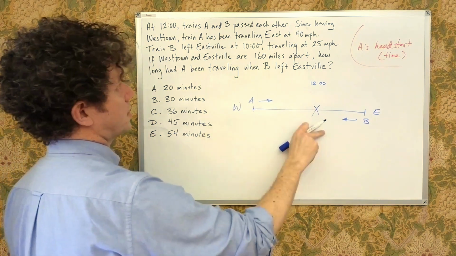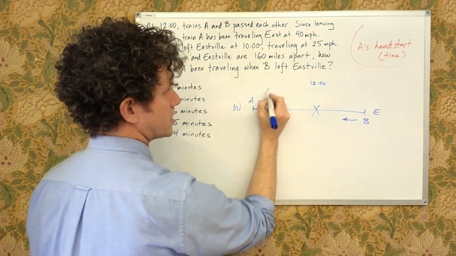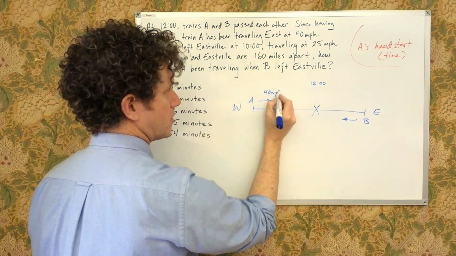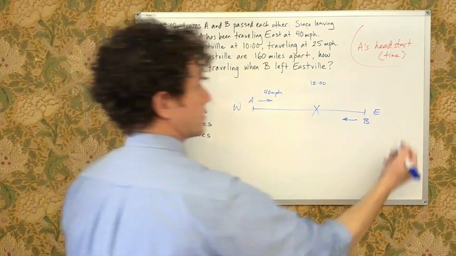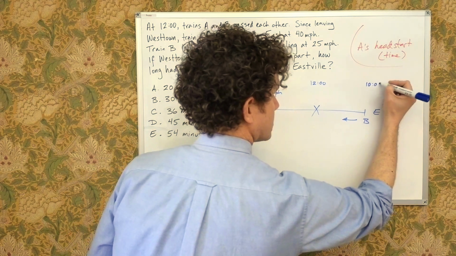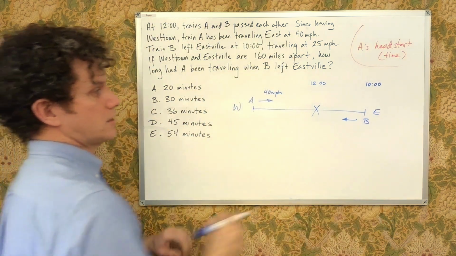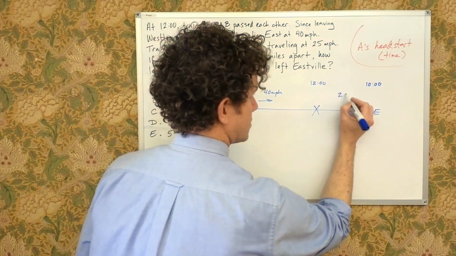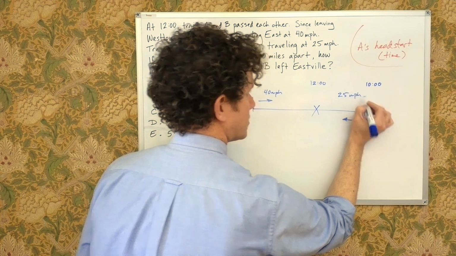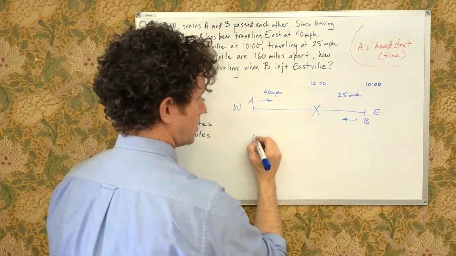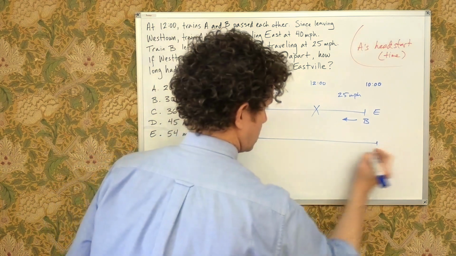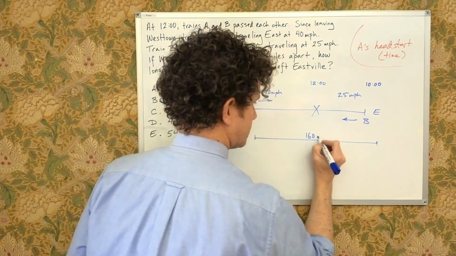Since leaving Westtown, A's been going east at 40 miles per hour. B's been coming this way. It left at 10, traveling at 25 miles per hour. They are a total of 160 miles apart.